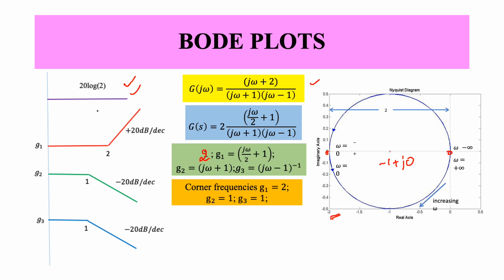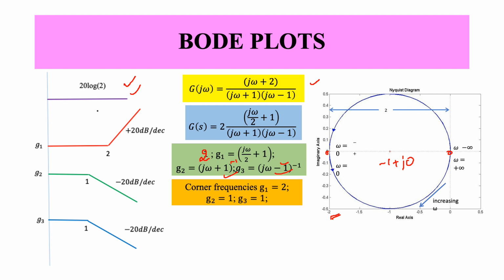Now look at these. This is j omega plus 1, this is j omega minus 1, with 1 by each, so these are negative. Both are poles, so this will do something interesting. For the magnitude plot, I will take the stable one first. It goes until omega equals 1, and then decays by minus 20 dB per decade. Now the unstable one goes until omega 1 and then is also minus 20 dB per decade.